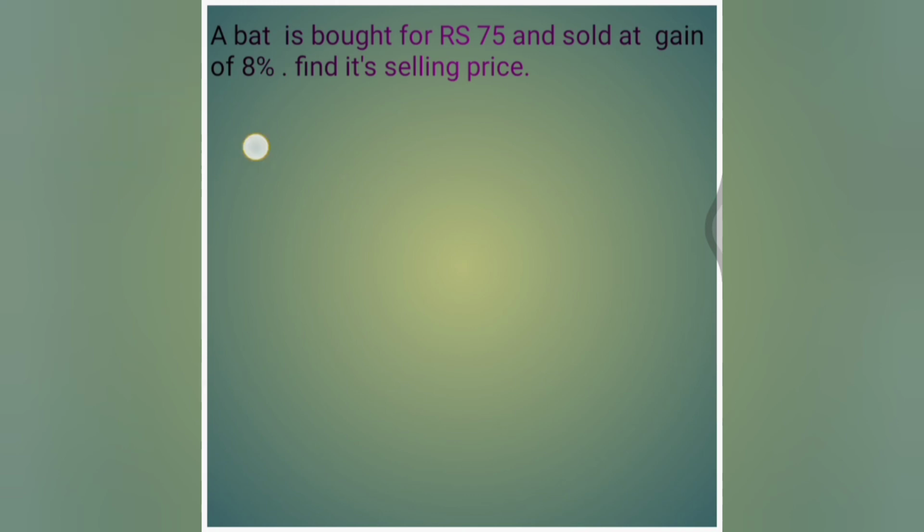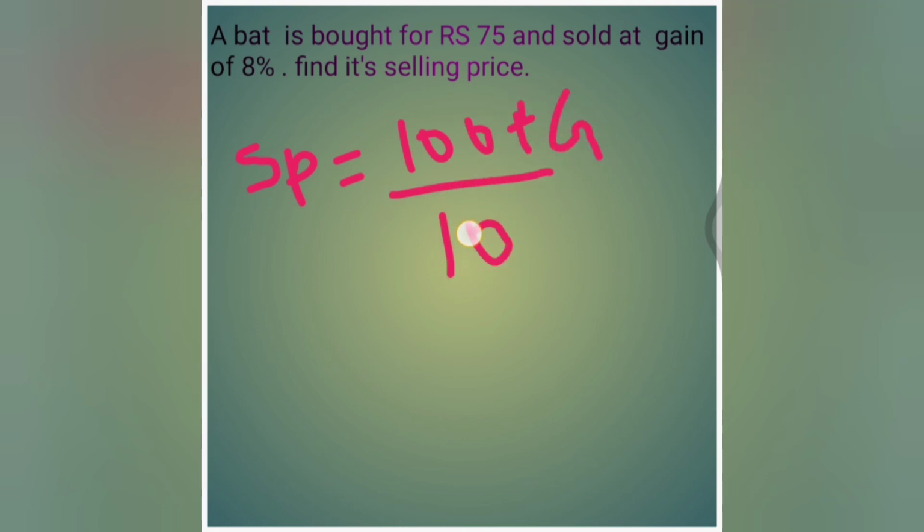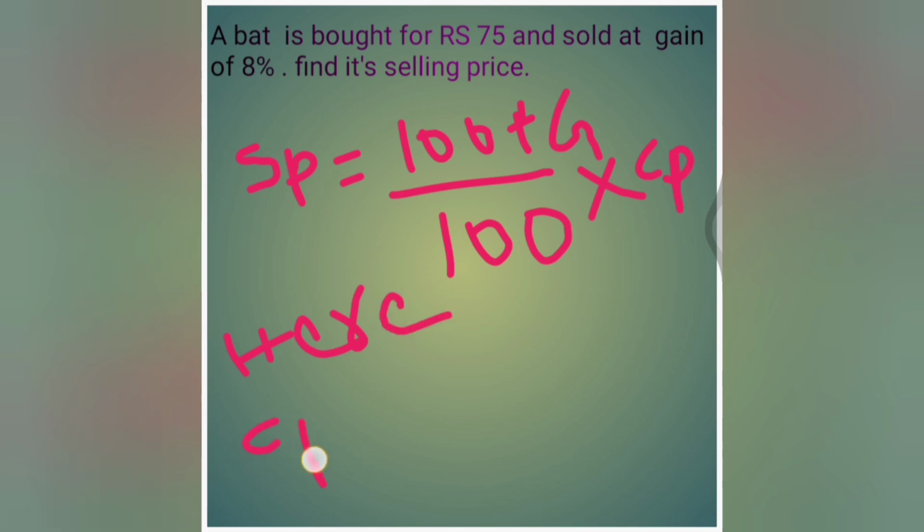Find its selling price. The formula of selling price is (100 plus gain) by 100 into cost price. Here cost price equals 75 and gain percentage equals 8%.